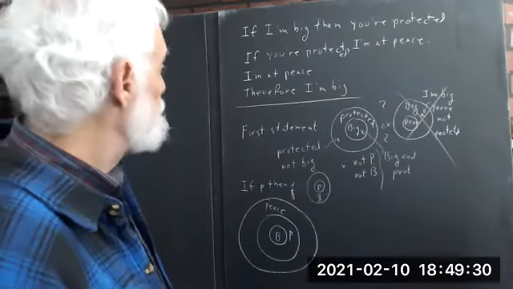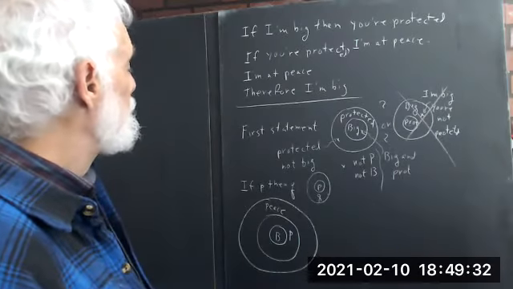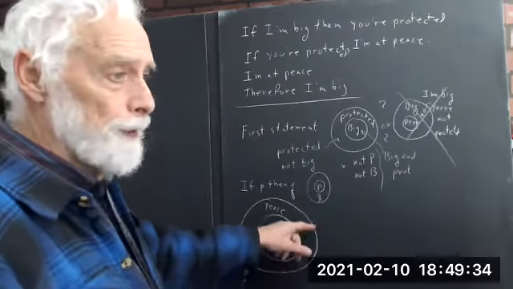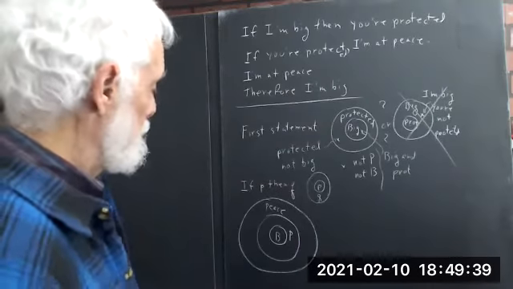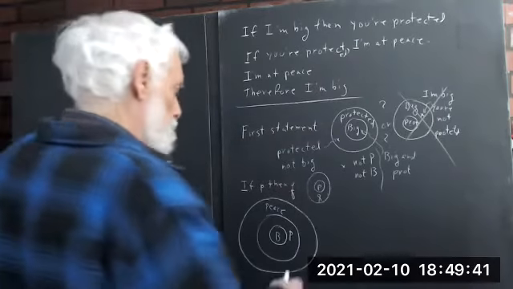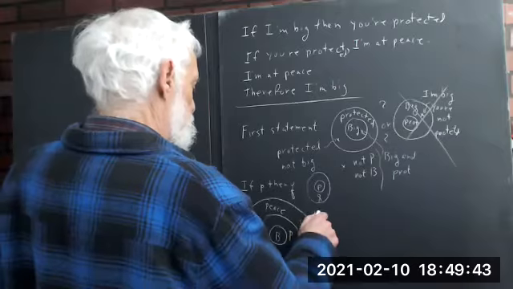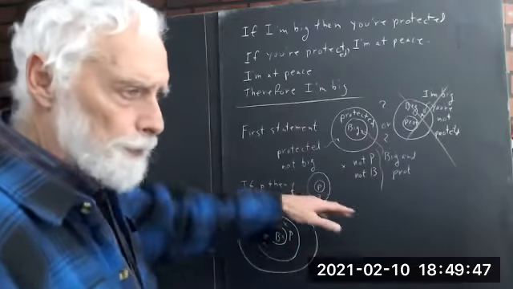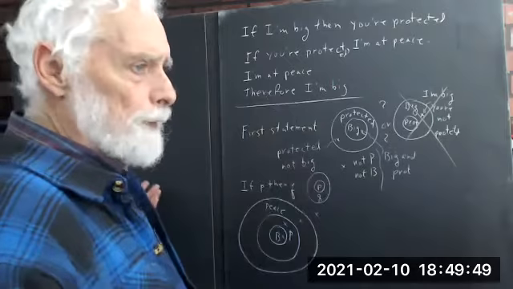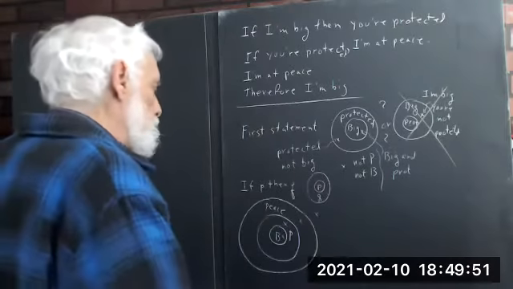Now, the question is, if I'm at peace, does that mean that I'm big? Well, there are several places we could put X's. You put an X here, put an X out here, put an X here, put an X here. Any one of those could be an event that could happen. Okay.